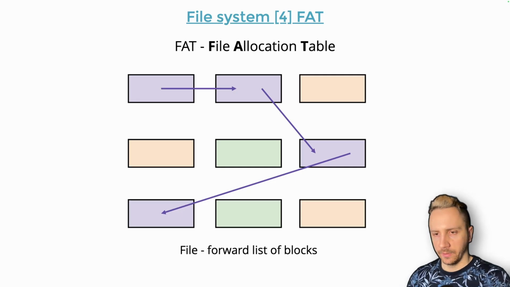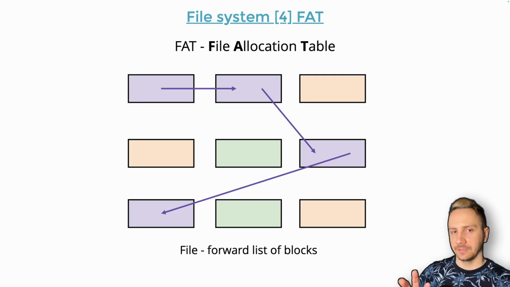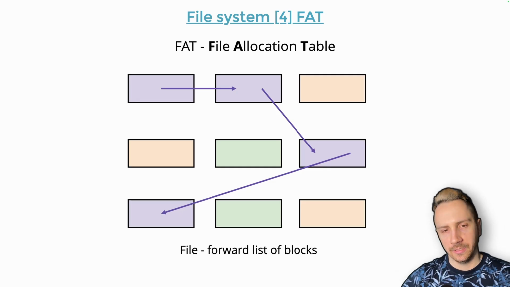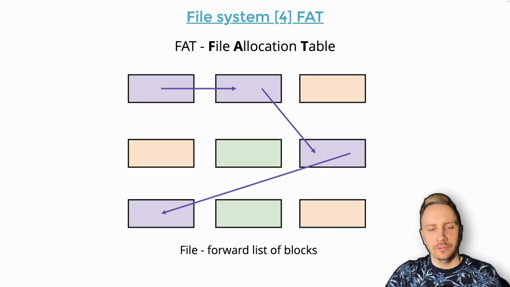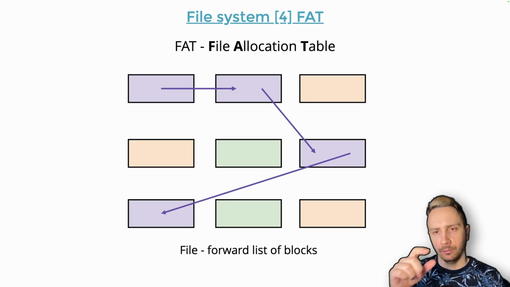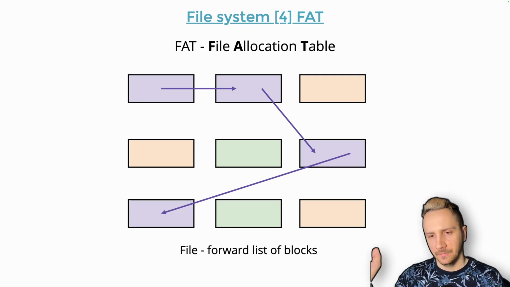But there is a problem with this organization of storage by design. At first it will work fine. When your device was empty, you create new files, they will be okay because the blocks will be sequential for every file.